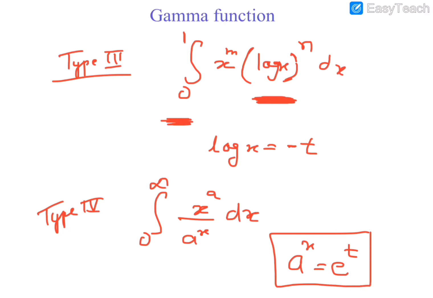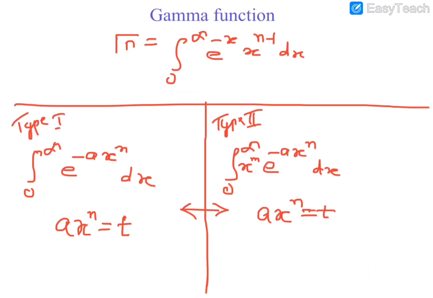So these are two special cases: in type 3, log of x is there and the limit of integration has changed, but gamma functions are still applicable. In type 4, a raised to the power x in the denominator was taken as e raised to the power t, because e raised to the power something is missing. Whereas in type 1 and type 2, e raised to the power something was there, and whatever is in the power, you take that as t.